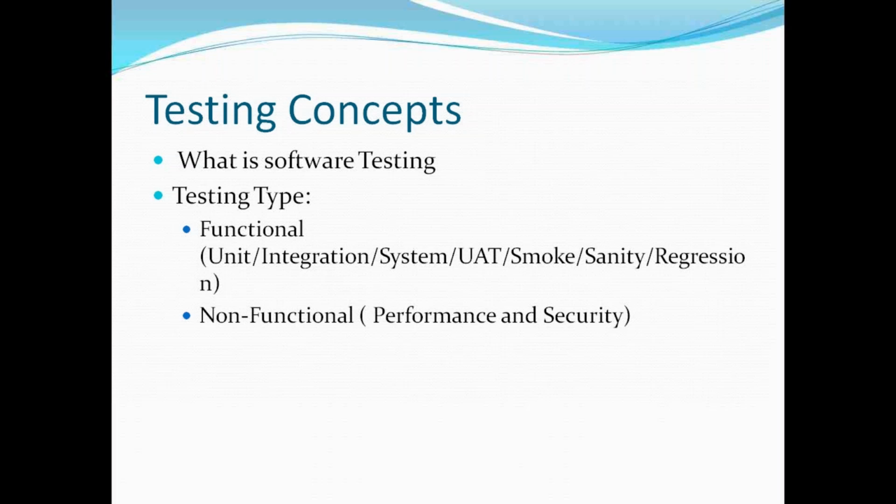If a developer says that I have developed a particular component, a particular piece of code, particular functions, then integration testing, system testing and regression follow. These are the things that come under functional testing.